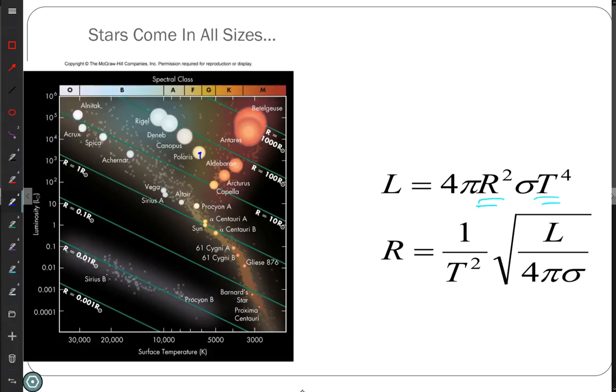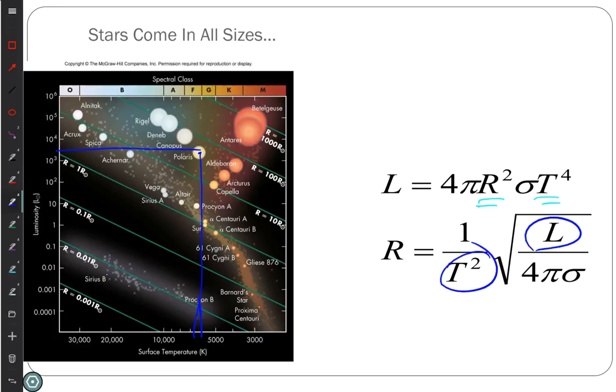And if I find its temperature, once again, perfectly straight line, and I find its luminosity, and I put those numbers in, then I can know exactly what its radius is. And because of the log nature, the fact that both axes are logged variables, it turns out that constant radii form straight lines. So these green lines are constant radii. So you see down here the white dwarfs.